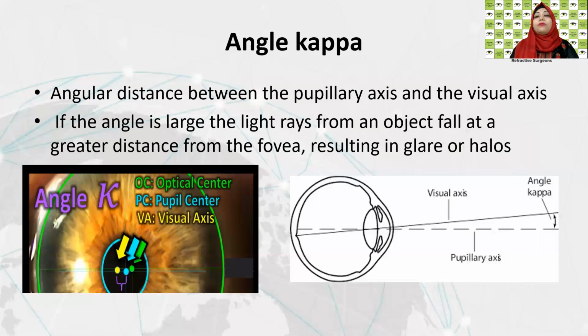Yes, it can. For that, what we need to understand is the angle kappa. Angle kappa is the angular distance between the pupillary axis and the visual axis. So if we see here, there is a yellow dot and the blue dot in the eye. The distance between these is the angle kappa.